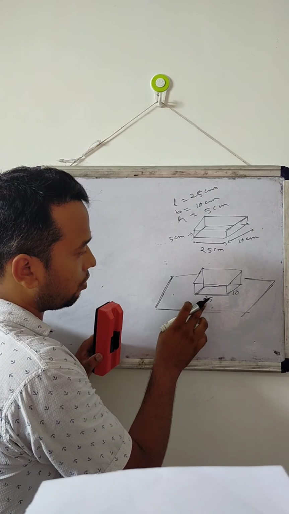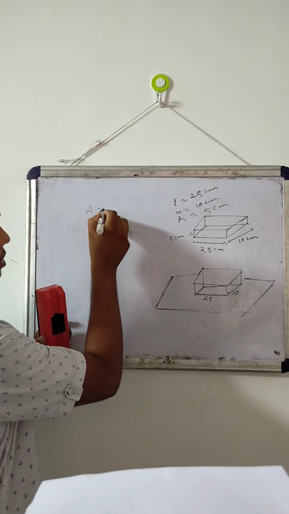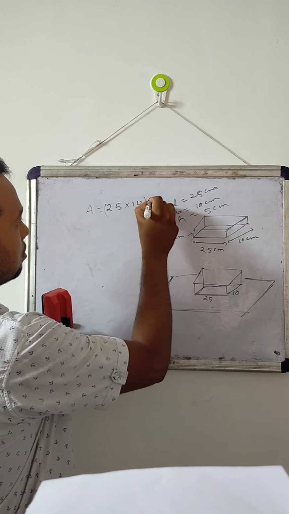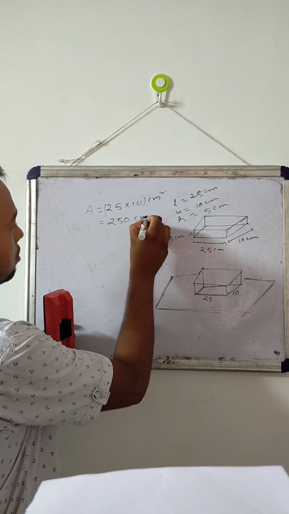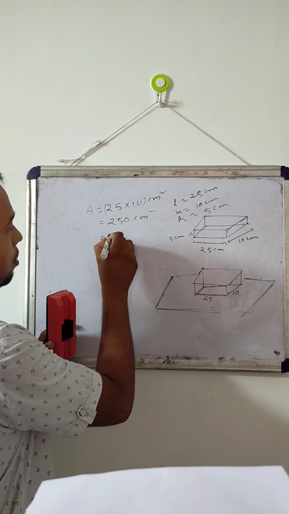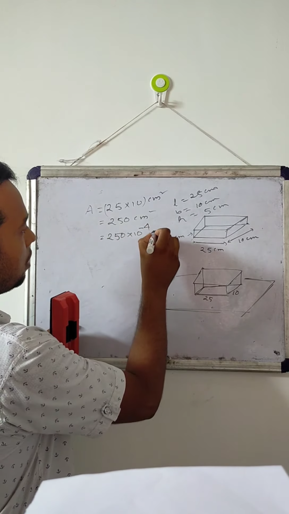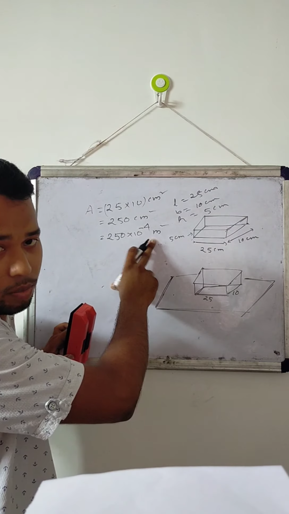This length is 25 and breadth is 10. So area will be 25 into 10 centimeter square. That means 250 centimeter square. Now if centimeter square is converted into meter square, then we have to multiply by 10 to the power minus 4. Then it will be converted into meter square.